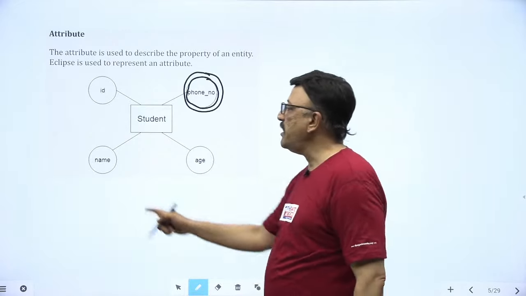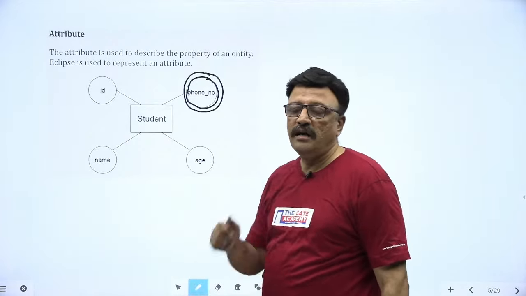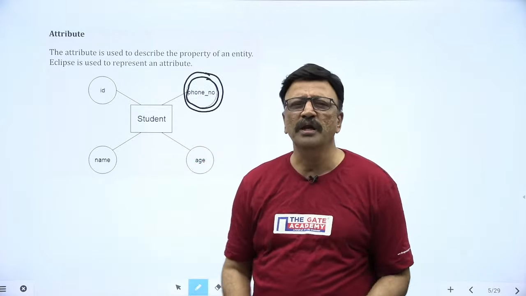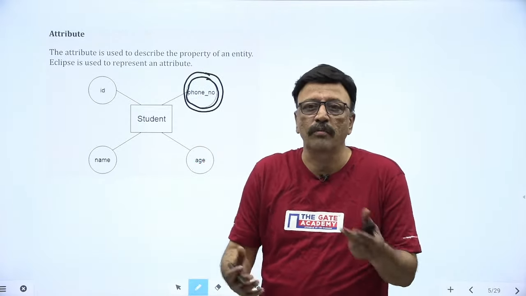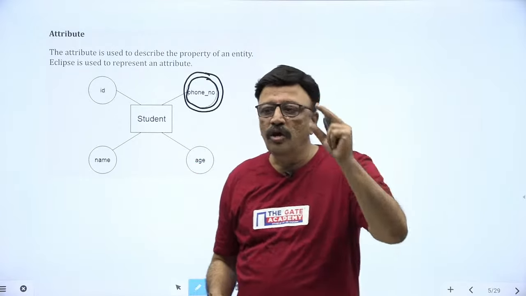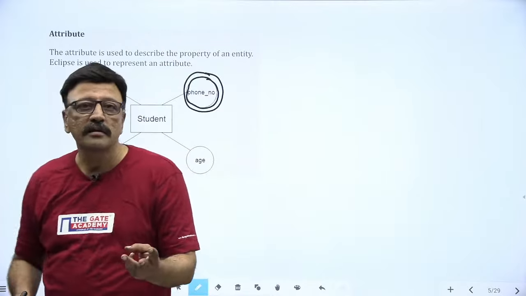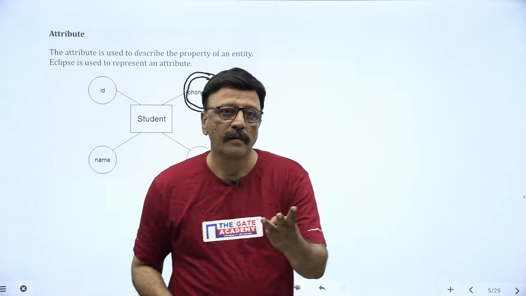Coming to name. Just check. Actually, you may say, okay, name is a proper attribute, you just don't have to talk about it. But when you think of name, name actually contains 3 parts: first name, middle name, and last name.